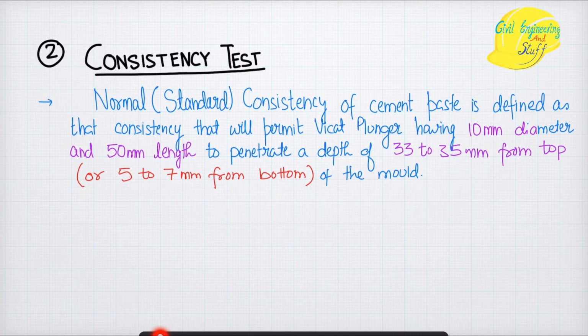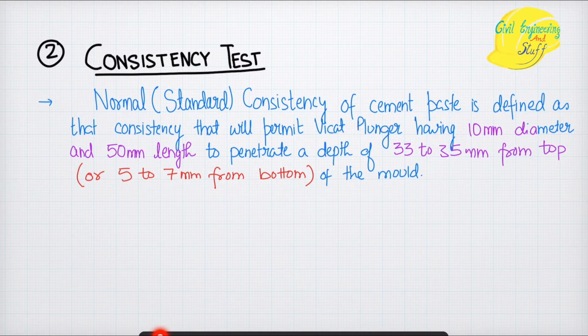What does this mean? Your normal consistency of cement is defined as the consistency that will permit the Vicat plunger. The overall testing is done on the Vicat apparatus, and the assembly that is used to measure the consistency is the Vicat plunger. So the Vicat plunger that has a diameter of 10 mm and a length of 50 mm should penetrate the mix. Mix means a certain quantity of cement mixed with a certain quantity of water, right?